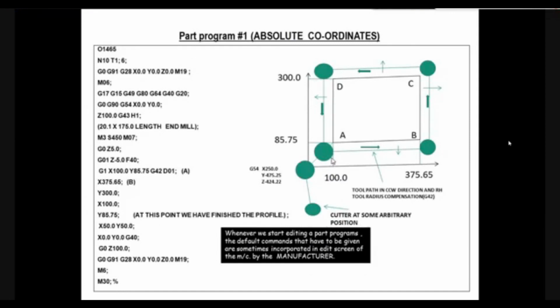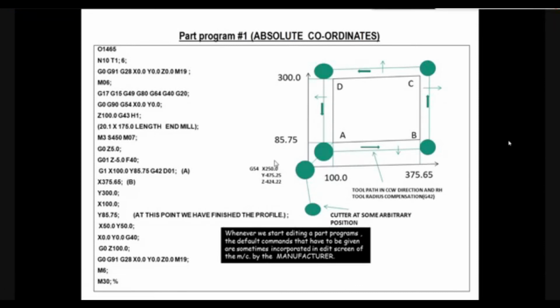And the next one is X375.65. Here the y coordinate of A and y coordinate of B both are equal, so we don't need to specify the y coordinate of B again. That's why as x coordinate of B changes from that of A, I have given X375.65, and then Y300.